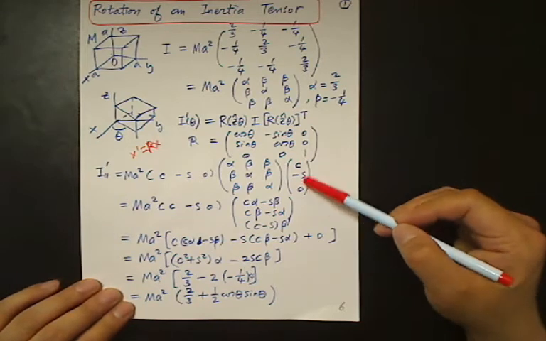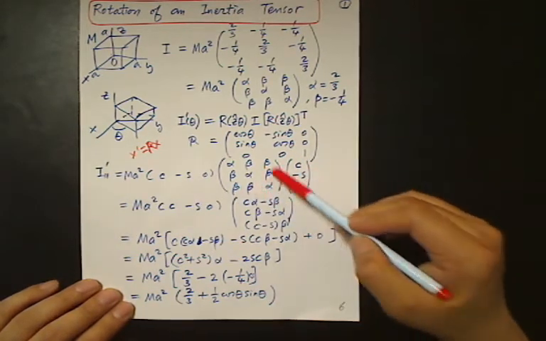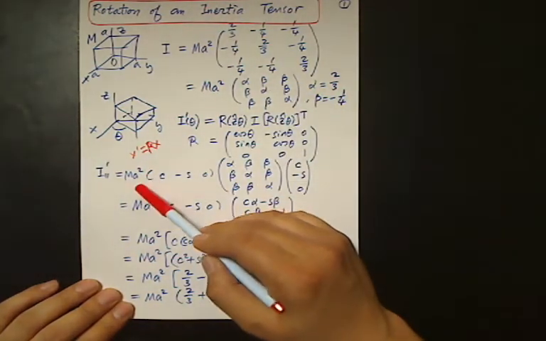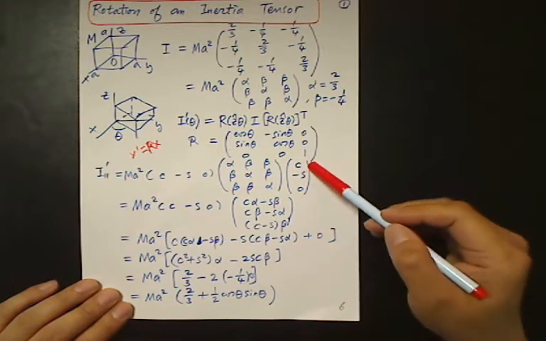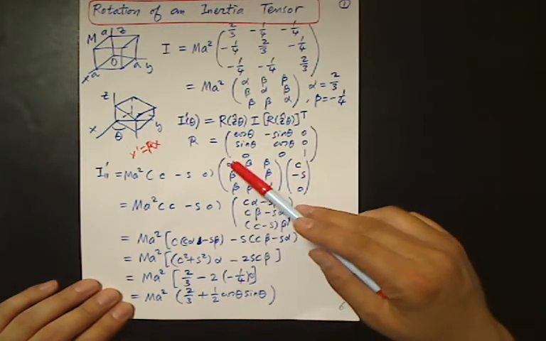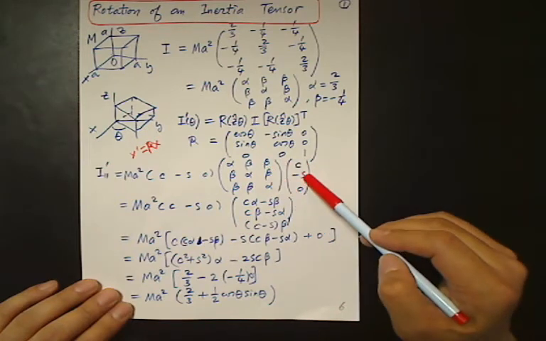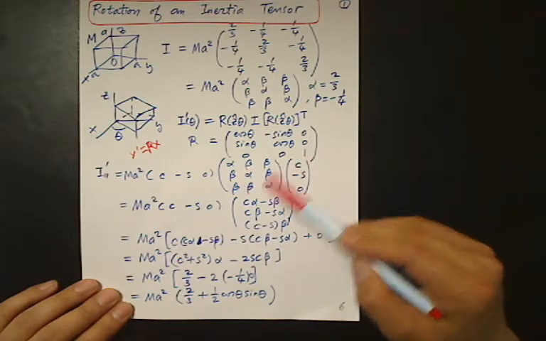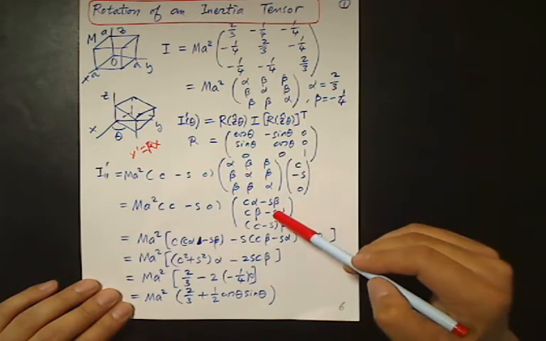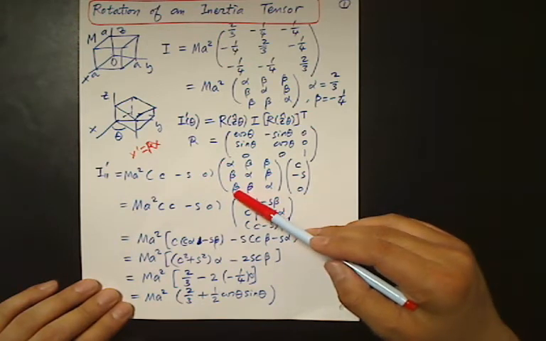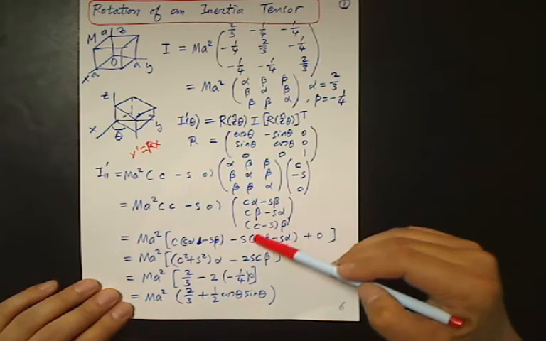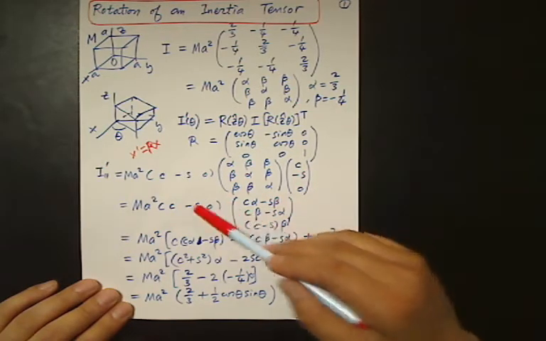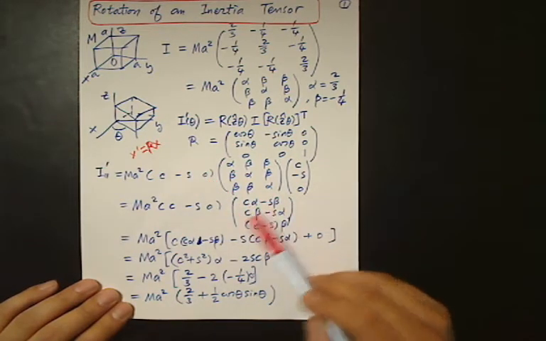Multiplying this column vector to the inertia tensor, and the overall factor ma squared is placed here, we find alpha cosine theta minus sine beta, and the next one is beta cosine plus alpha sine, minus sine, and the third one is all beta, so beta is factored out, cosine minus sine. Then we multiply this one to this row vector.